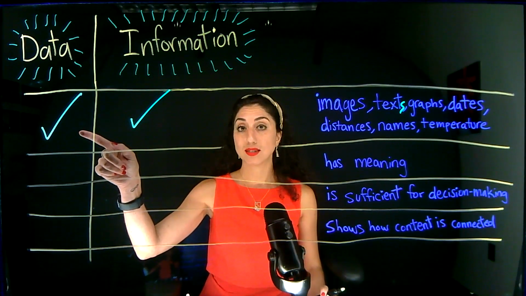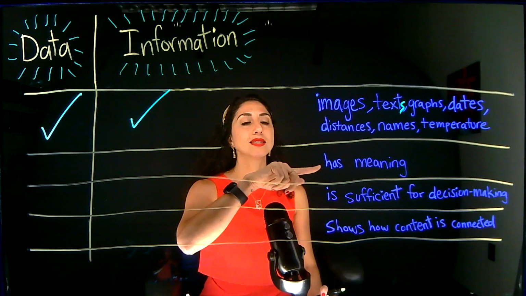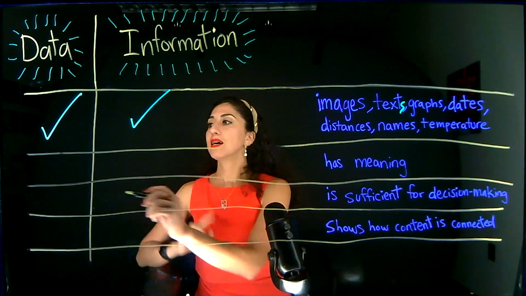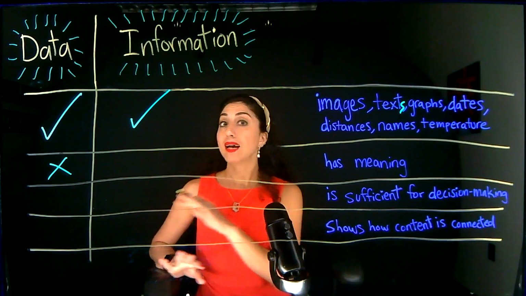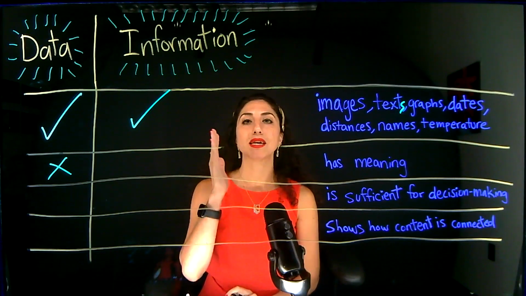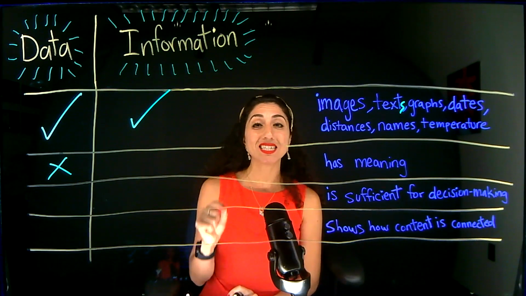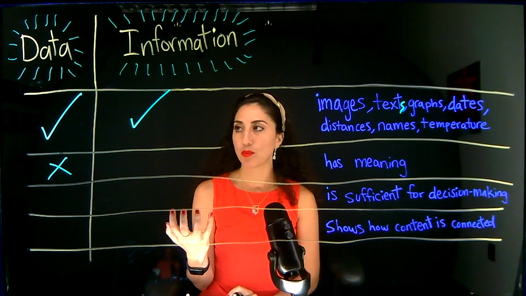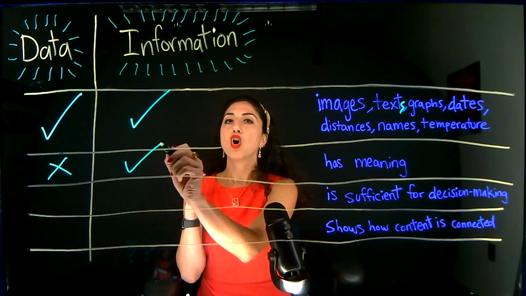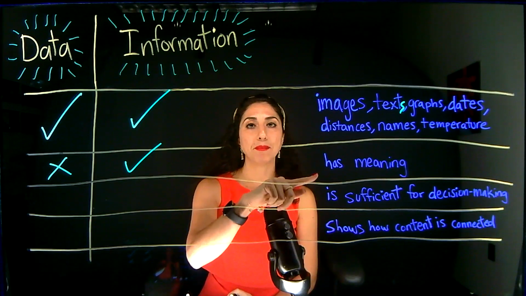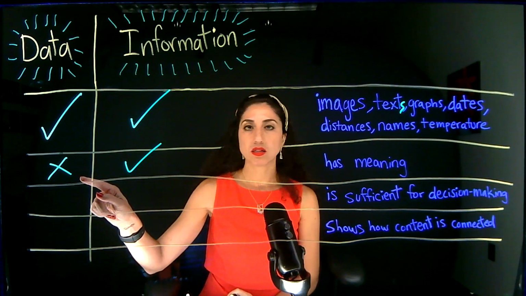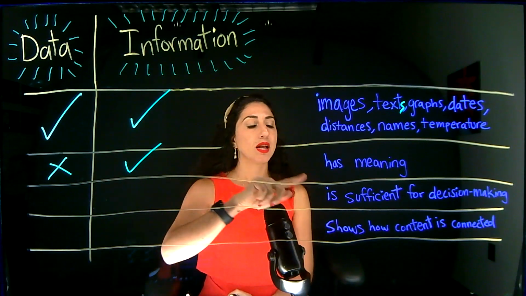Has meaning. Data, or datum, has no meaning until somebody comes along to reflect on the data, turning it into something that serves a purpose. Information always has meaning. Data does not have meaning. How about this one?